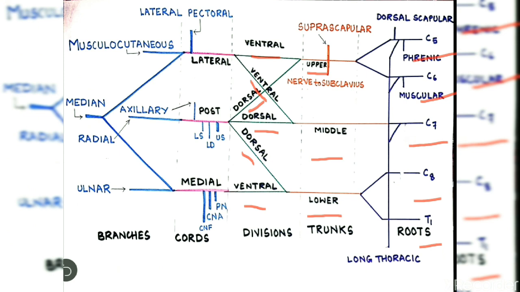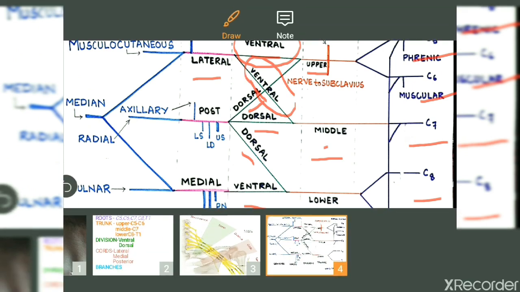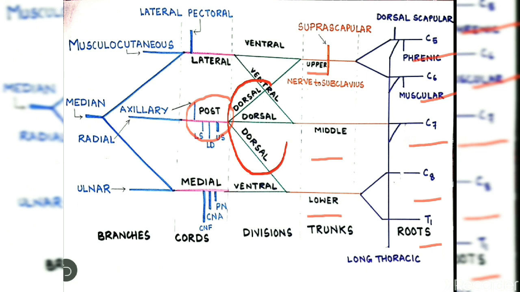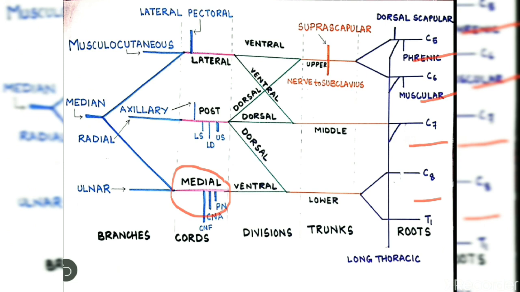The lateral cord is made up of the ventral division of the upper trunk and the ventral division of the middle trunk, and the posterior cord is made up of all the dorsal divisions of the upper, middle and lower trunk, and the medial cord is made up of the ventral division of the lower trunk.